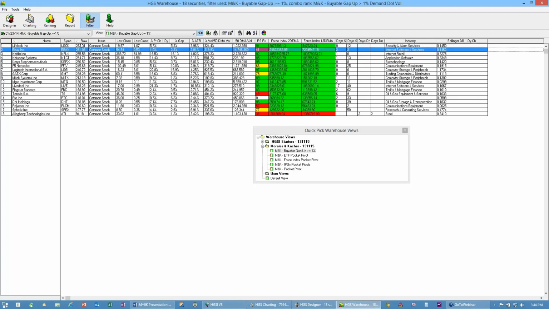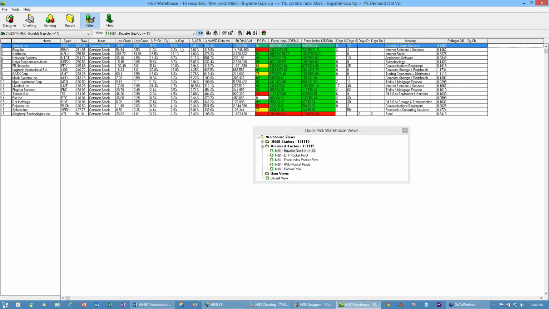And if we look across here, you can see that yesterday it had a 5.3% gap, and the volume was 324.4% above its normal 50-day moving average volume. And the force indexes here are both green, and you can see the number of days since they fired. So let me just bring up the chart.